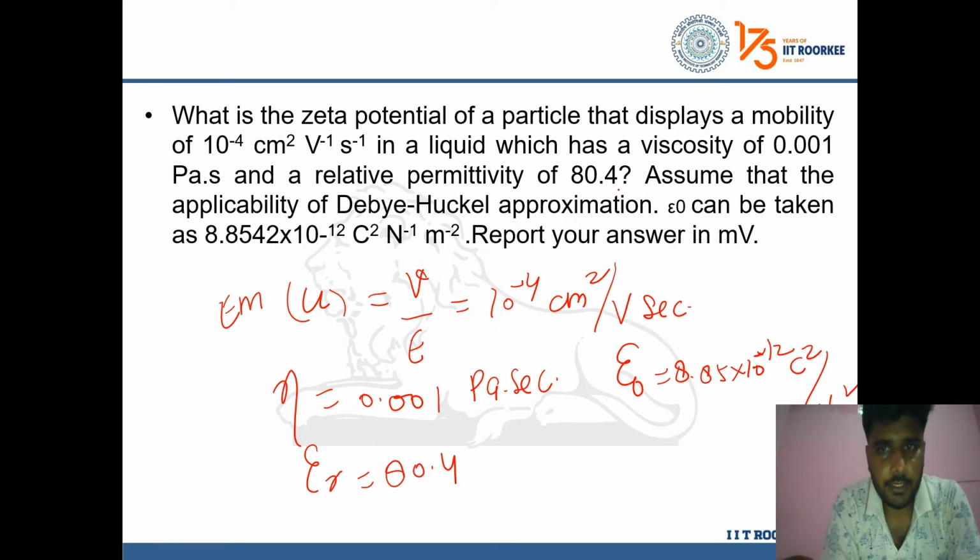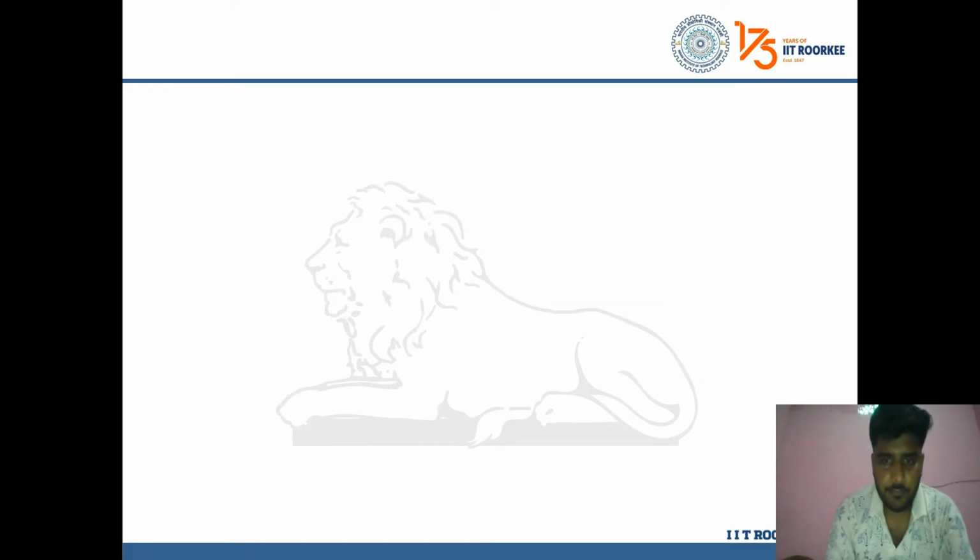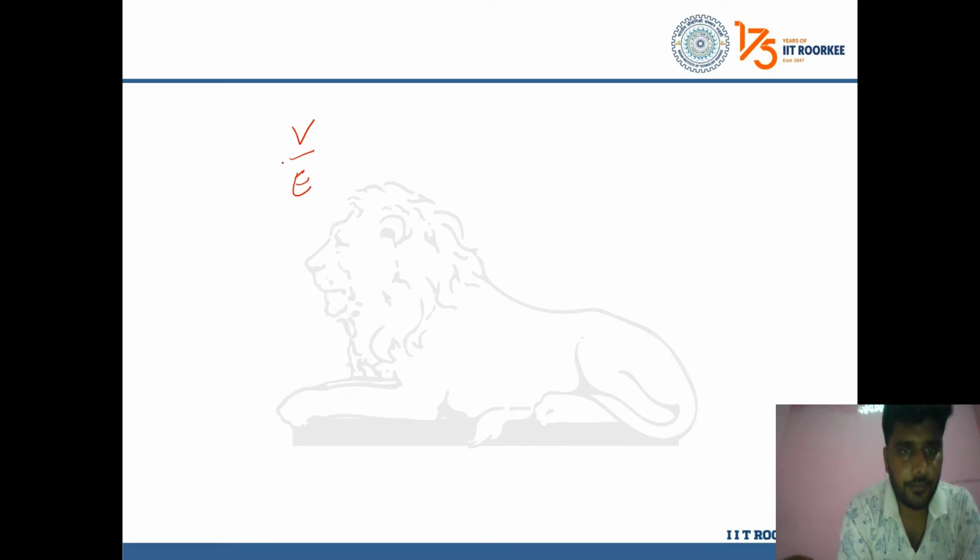You have to assume the Debye-Hückel approximation here and solve this particular question. You have read two models: electrophoretic mobility equals C times zeta potential times epsilon by eta.